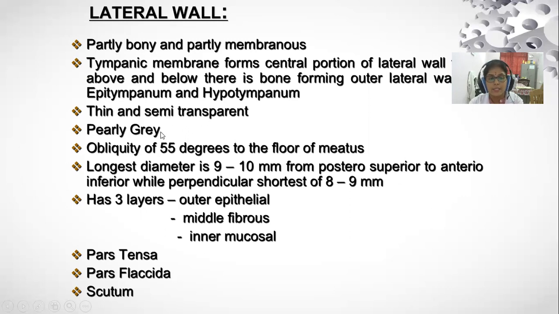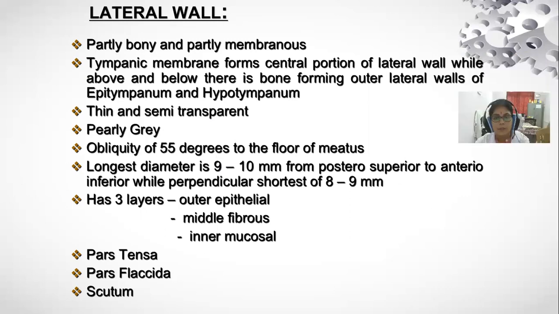It's pearly white in color and placed at an angle of 55 degrees to the floor of the meatus. The longest diameter is 9 to 10 millimeters from postero-superior to antero-inferior, while perpendicularly it is 8 to 9 millimeters.